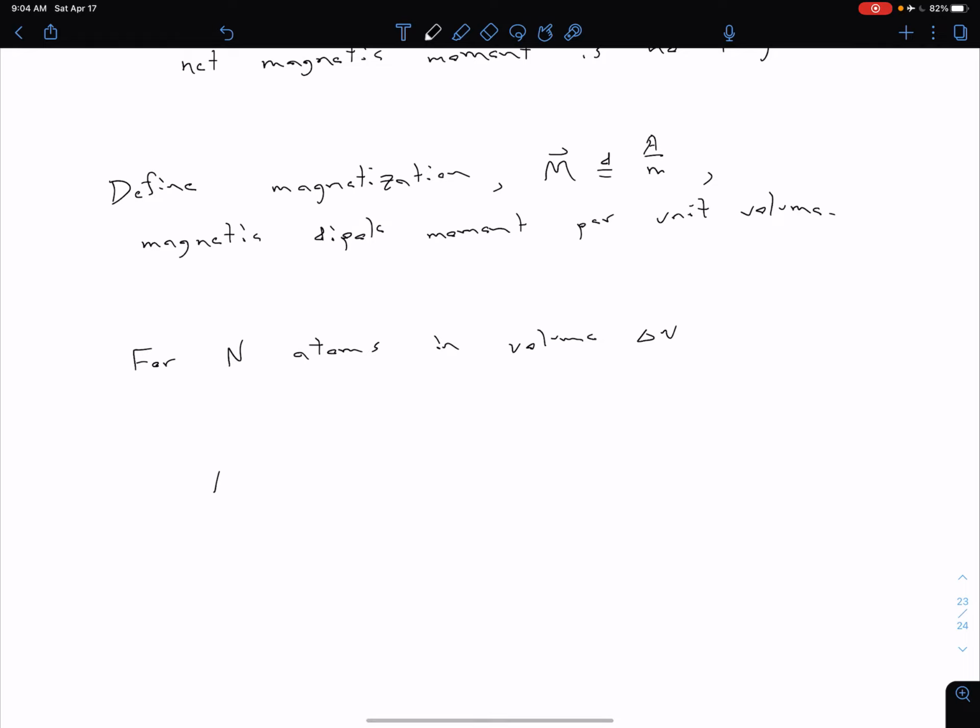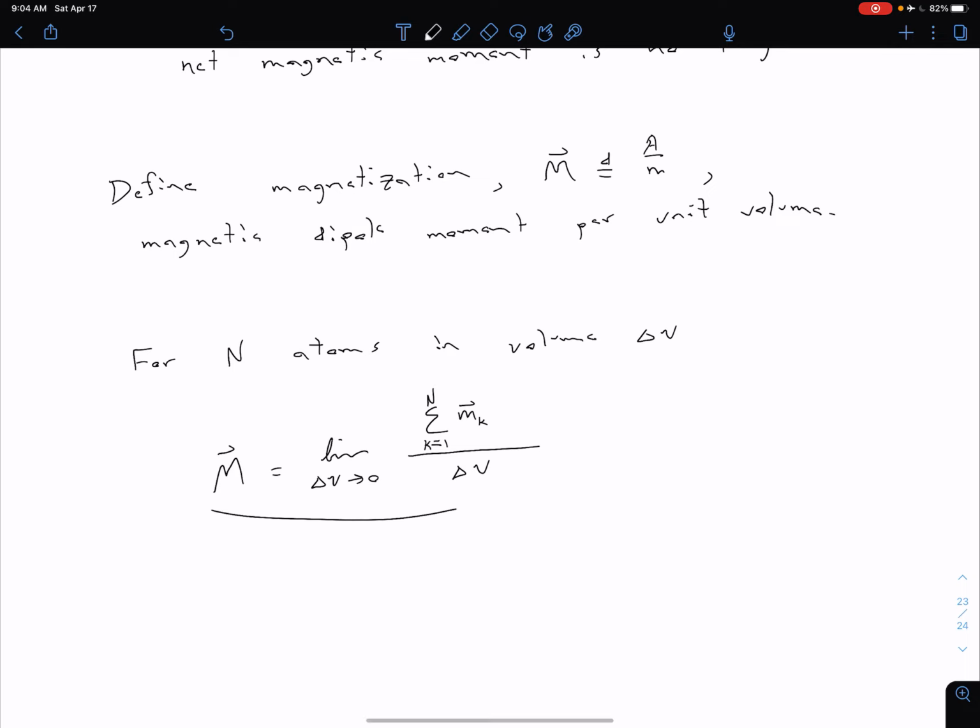Then we could say that our magnetization, capital M, is going to be equal to the limit as that delta V goes to 0, so as that differential volume becomes very small, of, in the numerator, we're going to be summing all of our individual magnetic dipole moments. So this is the sum from k equals 1 to capital N of m sub k, so lowercase m, divided by that differential volume delta V.